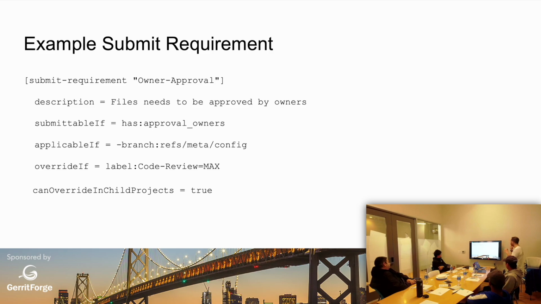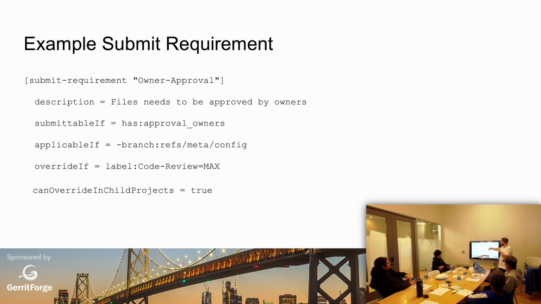You've got the description. You've got the submittable if, which is the crucial part here. As we'll see in a second, we've got this submittable if has approval owners, which is something that the owners plugin provides, but you can use there whatever you want. As long as I think it's all of the things you can search for, all of the search predicates can also be used in the submittable if.